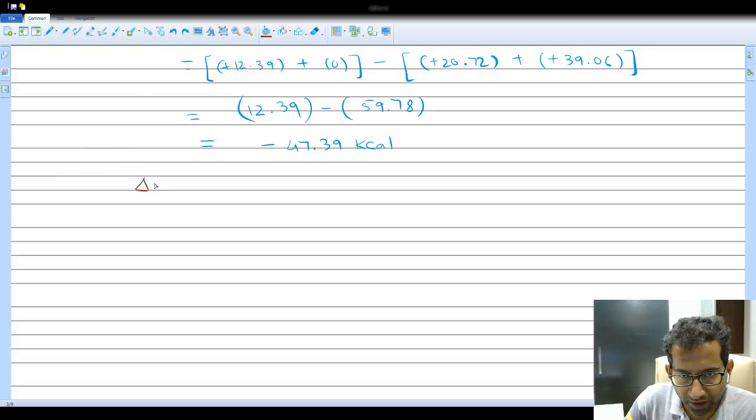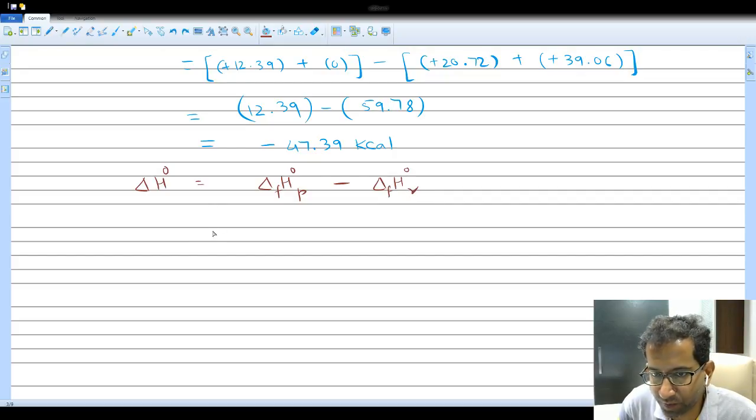Now delta H0 equals delta H0F of products minus delta H0F of reactants, or simply you can write HP minus HR.